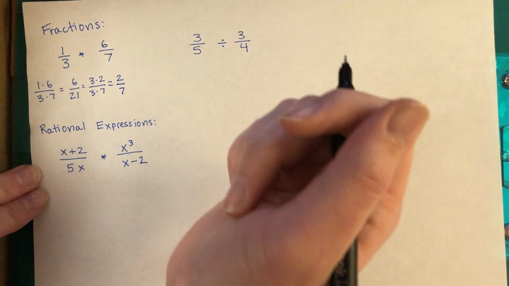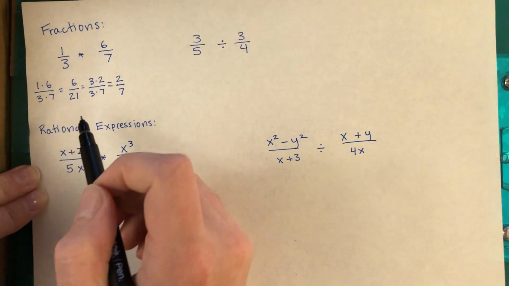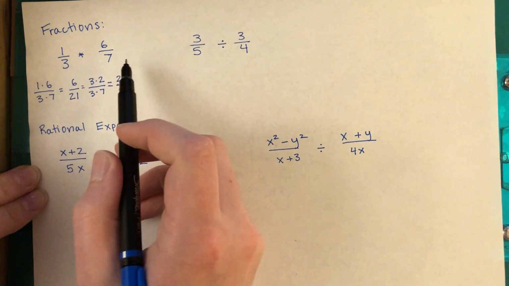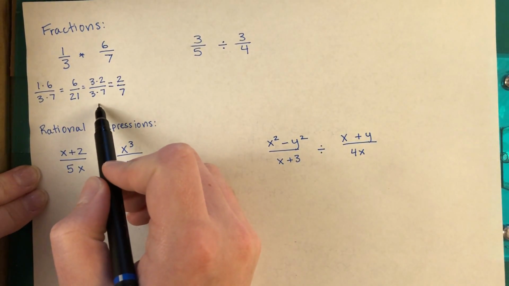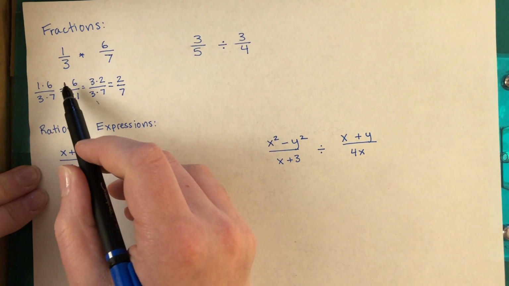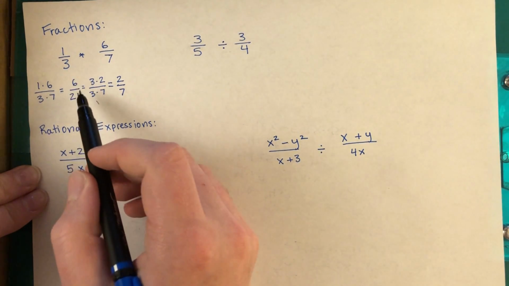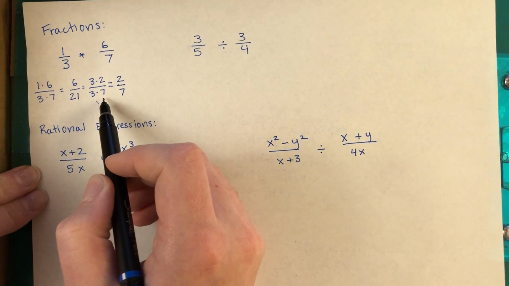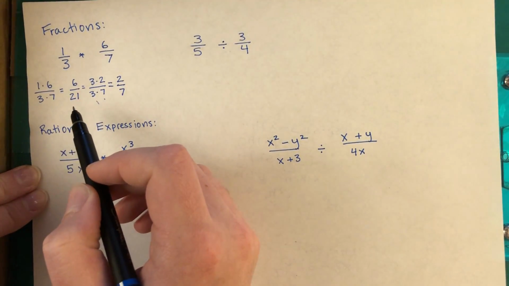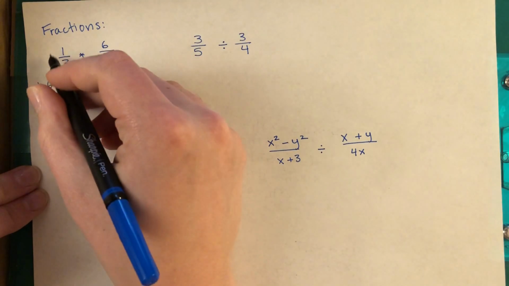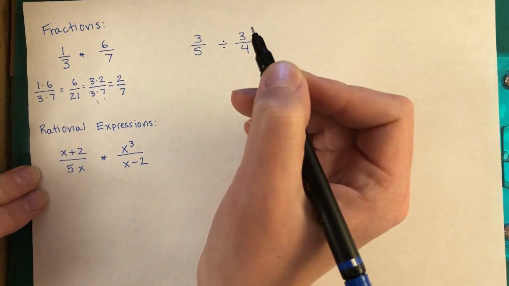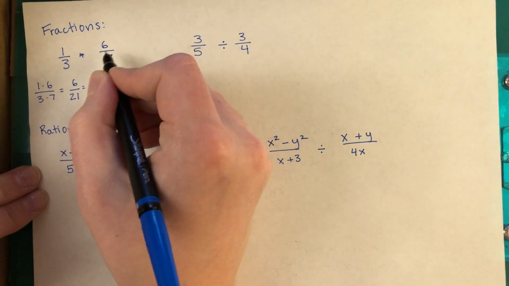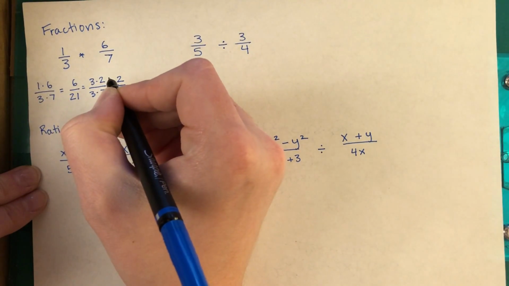But sometimes it's easier to recognize these common factors before we multiply across, because we can see that this 3 that we found is already here in the original problem. So instead of multiplying 3 times 7 together and then splitting it back apart, what you can do instead is just think about each fraction by itself and look for any matches between the tops of these and the bottoms of these.